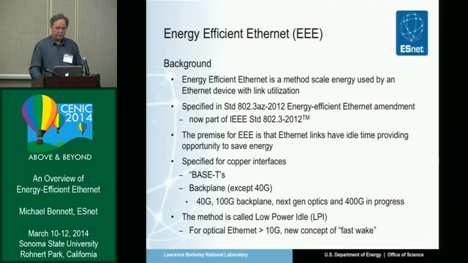So the method is called low power idle. And I'll point it out now, but we'll touch base on it in a moment, that for optical Ethernet greater than 10 gig, we had to introduce the concept of fast wake, because there are some potential issues with turning off the laser and the transmitter in an optical interface.